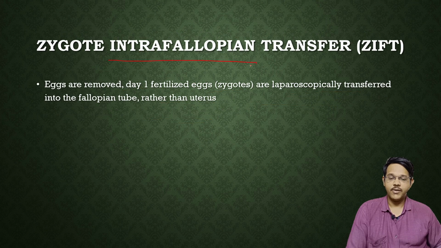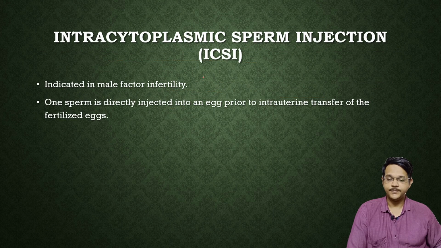In zygote intrafallopian transfer, eggs are removed and fertilized after day 1. Immediately after fertilization, the zygotes are transferred laparoscopically into the fallopian tube rather than the uterus. So here the zygote which is formed, that is the 1 day zygote, is transferred into the fallopian tube and not the uterus.